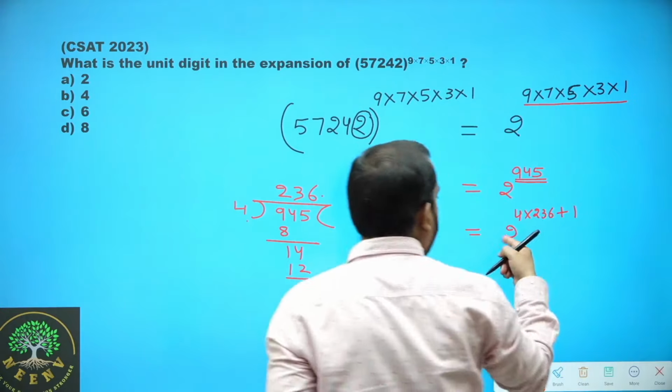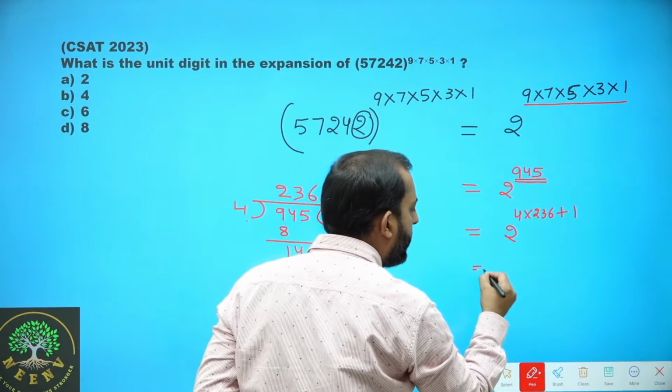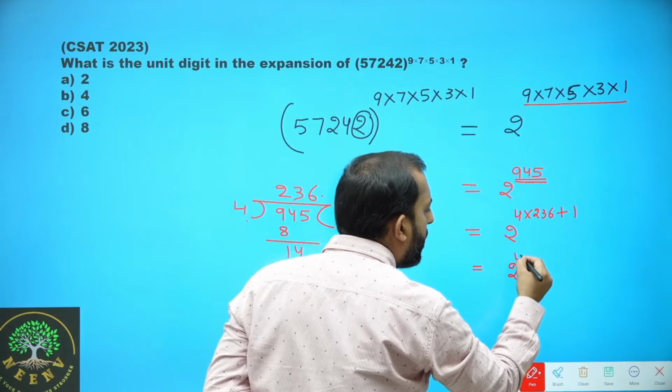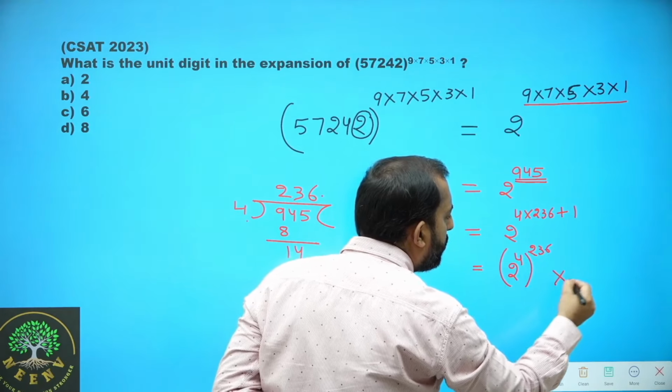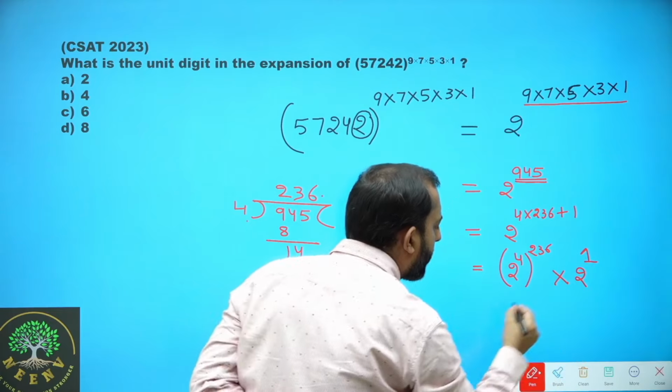So this whole thing can be written as 2 raised to the power 4, raised to the power 236, into 2 raised to the power 1.